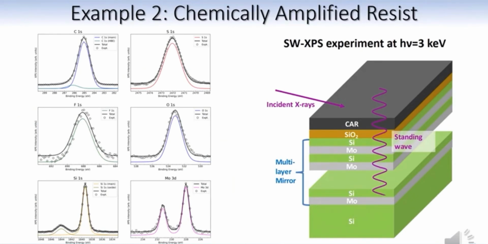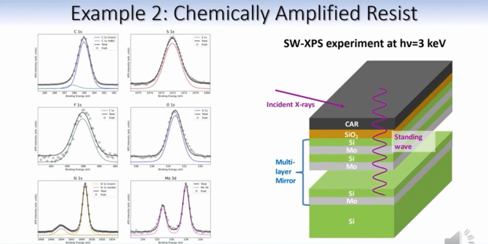In the next example, we used a chemically amplified photoresist, which was spin coated with a nominal thickness of 10 nanometers. Because of the thicker overlayer, we also used a mirror with a larger period, which was also 10 nanometers in this case. A schematic of the sample is shown on the right.